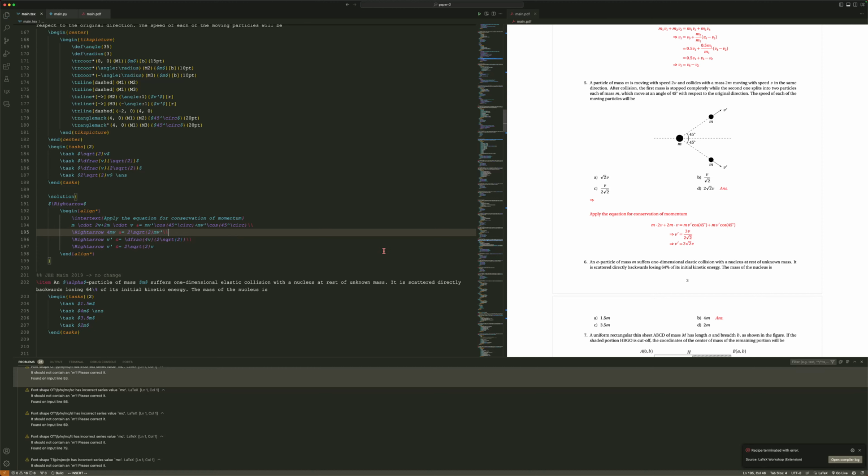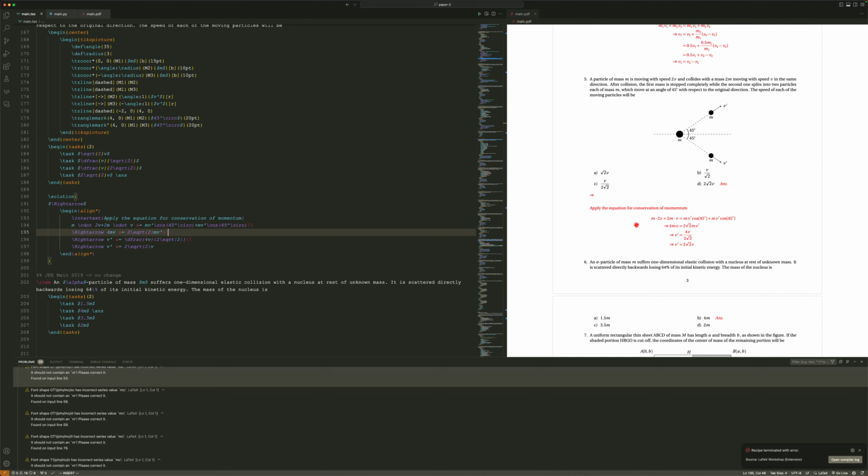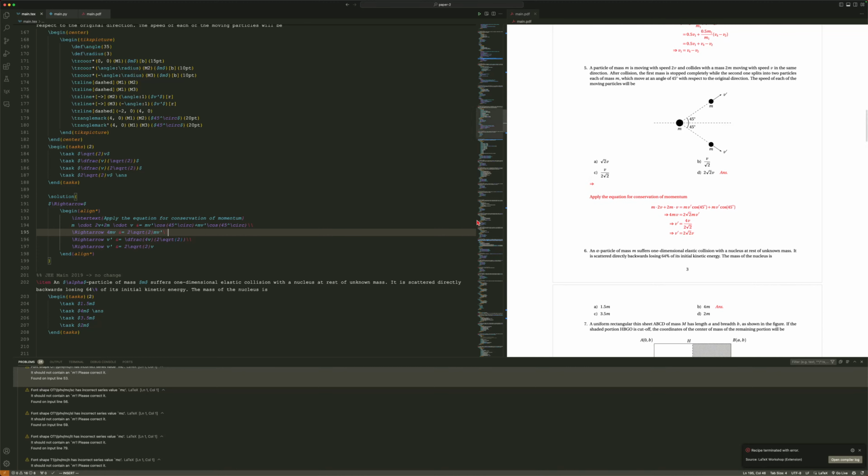Yes, it's all right. So 2 into 2 will get cancelled, but no, 2 upon the root 2 here, 2 extra, so we just have to say square root of 2.